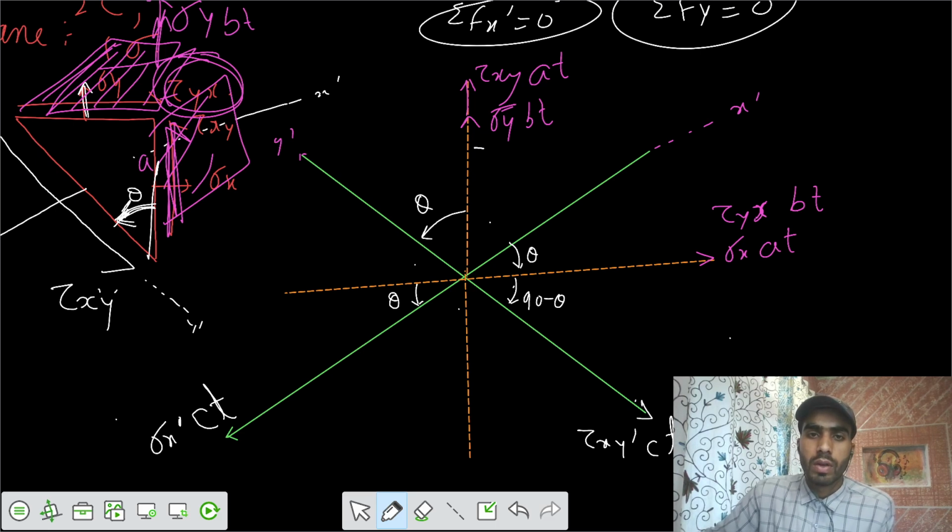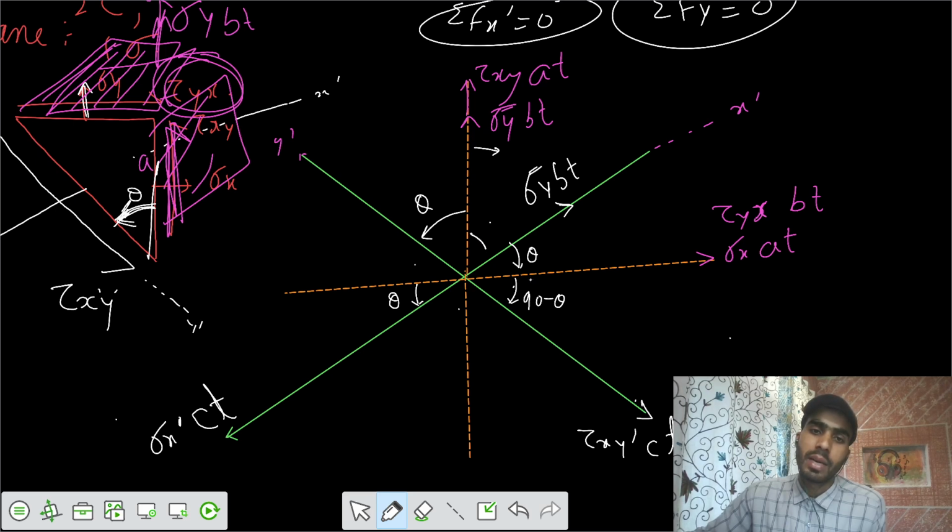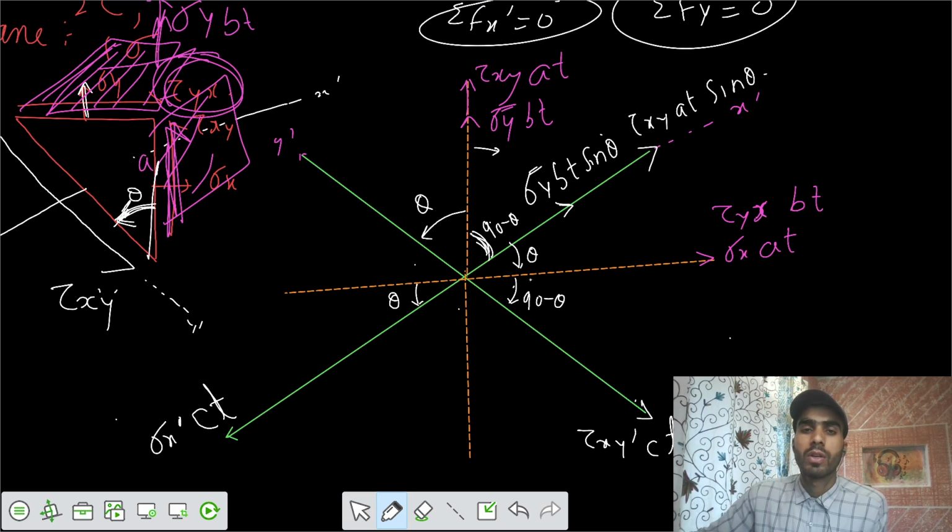So its component along the x dash direction would be, this is sigma y BT and 90 minus theta, which means the component would be sine theta, and also one more component is tau xy AT into sine theta. So we got the components of these two stress forces along the x dash direction.